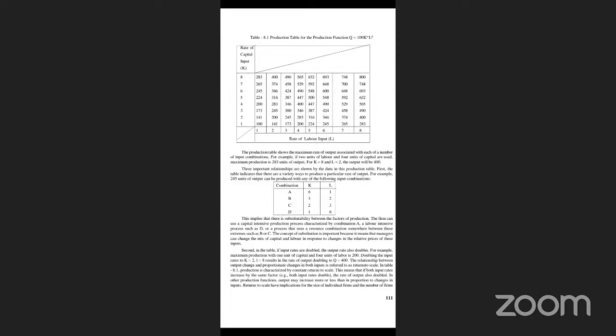Now, if you look at the schedule which is given, the output is 283 units where K equals 8 and L equals 2. The output here will be 400, where the capital is maximum and the labor is 4.